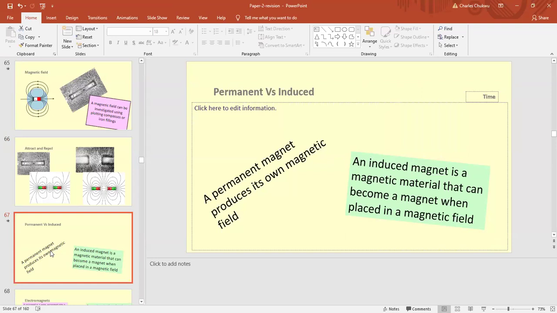Okay. So what's the meaning of a permanent magnet? You can see it there. It produces its own magnetic field, and some materials are like that. You can never remove the magnetism from them. But an induced magnet is one which can become a magnet when it's placed in a magnetic field. I don't know whether you've seen some of those office pins.